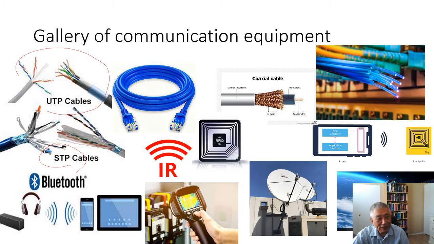In the typical case, unshielded is cheaper, of course. So you just pack many of those twisted pairs in one big cable.